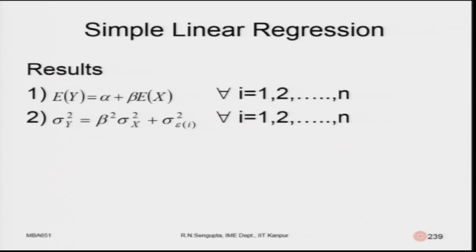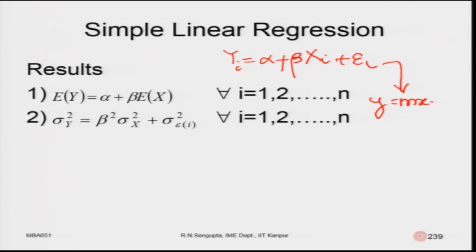Now, let us find the expected value of y and similarly the variance of y. The first part is for the expected value. As I mentioned during the discussion, the equation y is equal to alpha plus beta x i plus epsilon is something like y is equal to m x plus c.